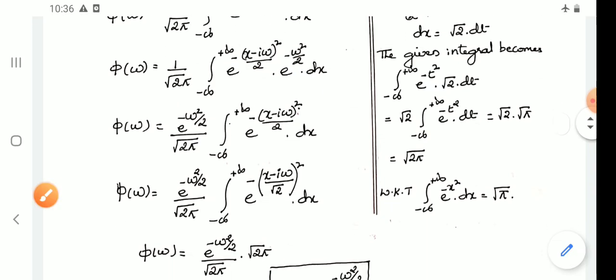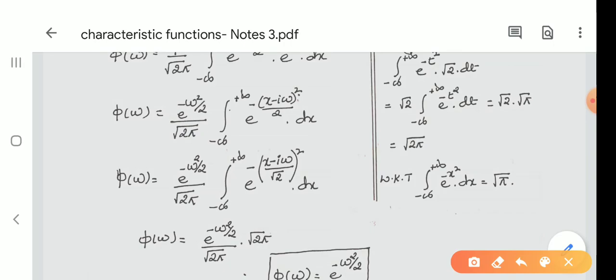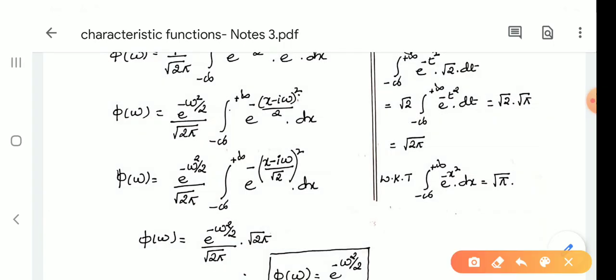Further, to integrate this, I will consider the integral and rewrite it as phi of omega is equal to e power minus omega square by 2 divided by square root of 2 pi into integral minus infinity to plus infinity e power minus of x minus i omega by the 2, here I will write as square root of 2.